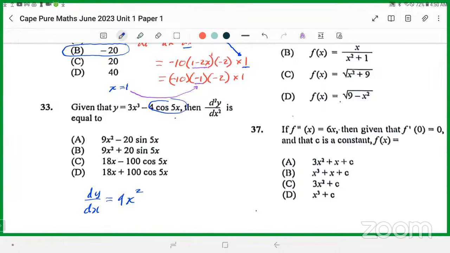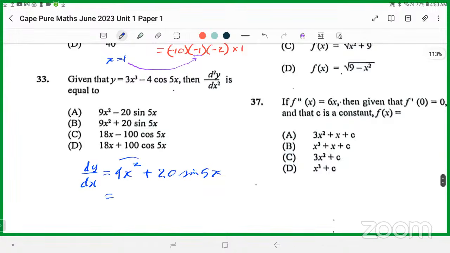Differentiate cos, you're going to get minus sine. So this minus is going to become a plus. Continue with a plus from now. We also have to differentiate this 5x and get 5, and then 5 times 4 is 20. Remember, it's going to become sine of 5x. We're going to differentiate this again.